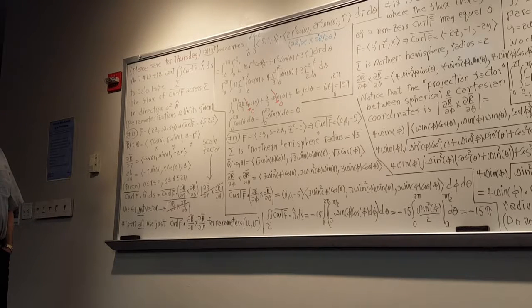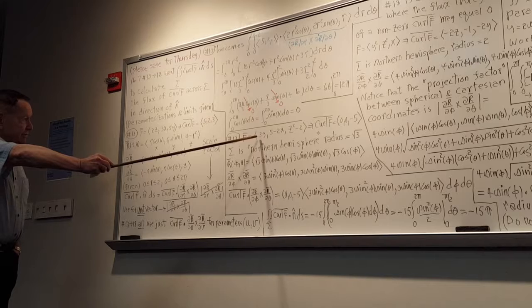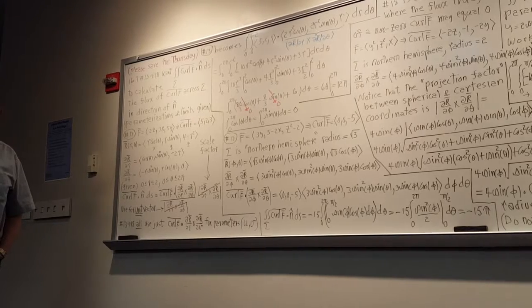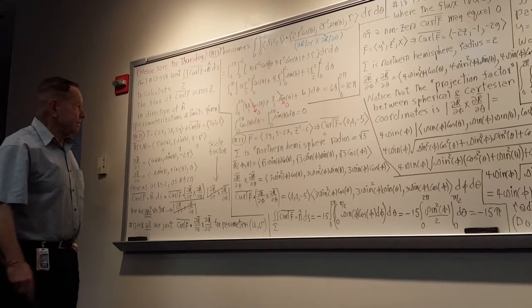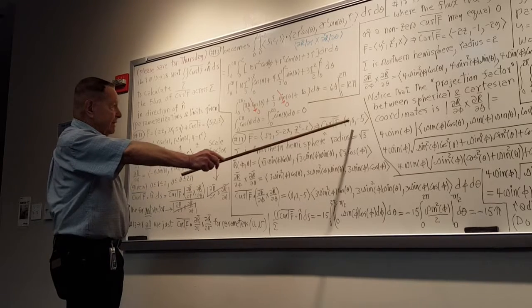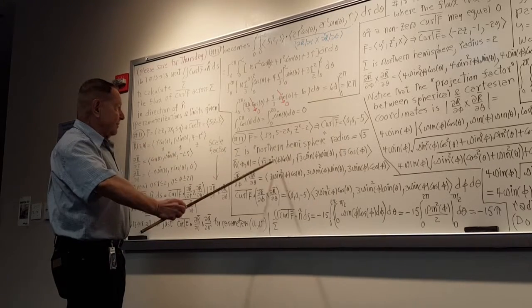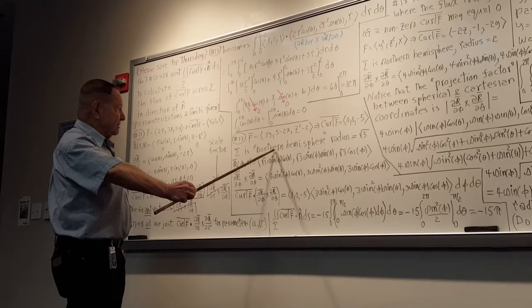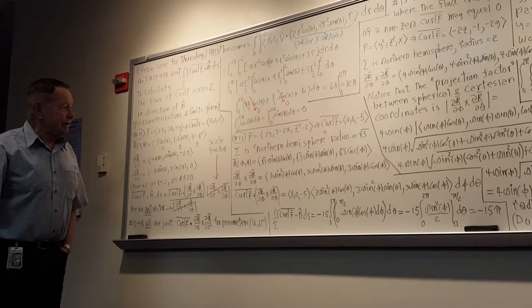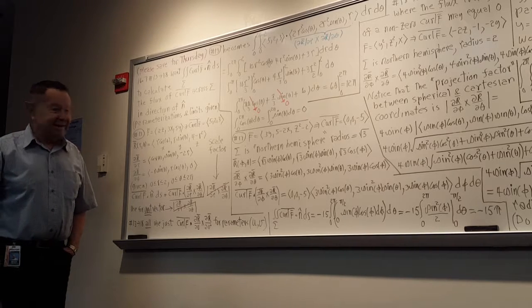Okay, so then 17 and 18 are the same sort of thing, except that you're using the two angles from spherical coordinates as your parameters. So you have this field and this for the curl. And your sigma is like the northern hemisphere of an Earth that has radius √3.